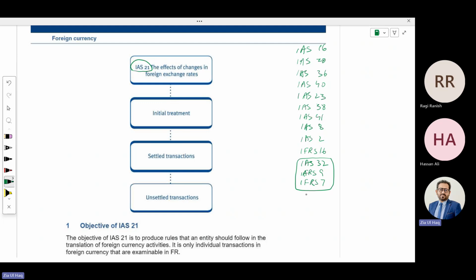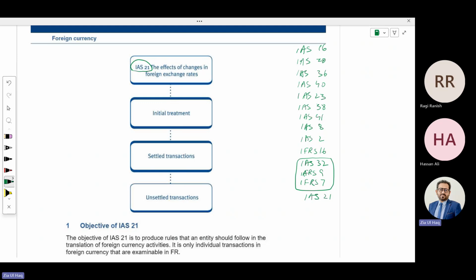And now we are going to study IAS 21, that is relating to foreign exchange, foreign currency or foreign exchange. Do we need to remember these accounting standards? Yes.